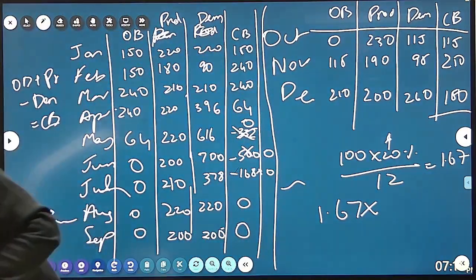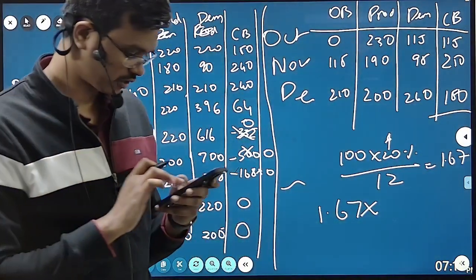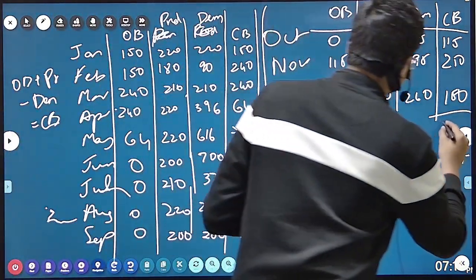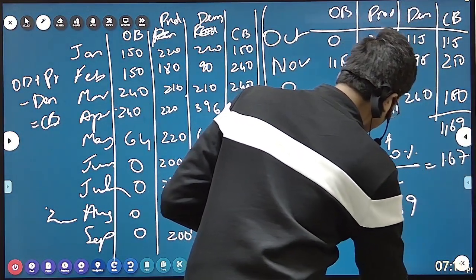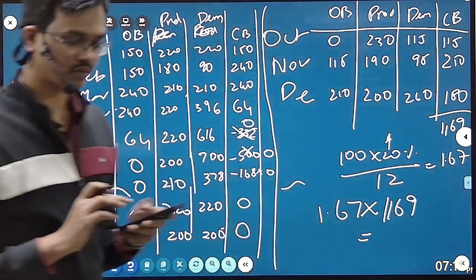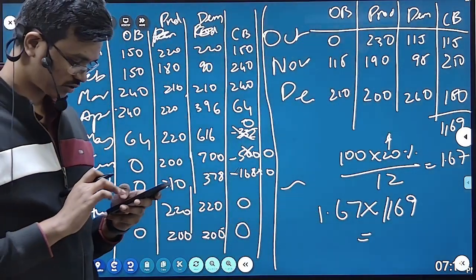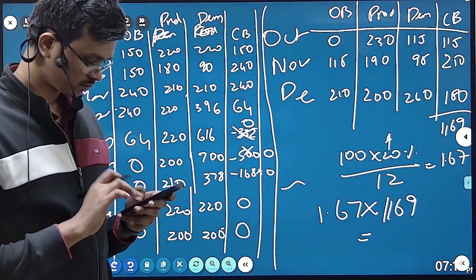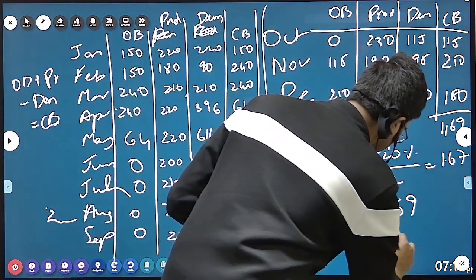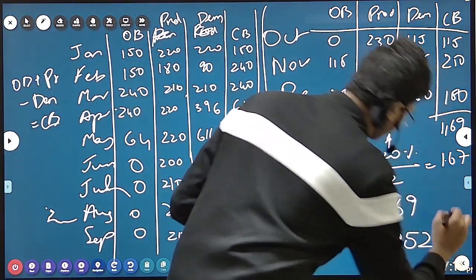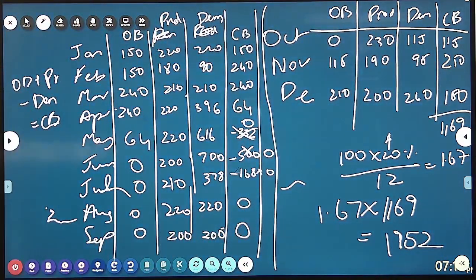Is it 210, right? Yeah, plus 150. This comes to 1169. Okay. So how much are we getting? 1169 into 1.67. 1952.